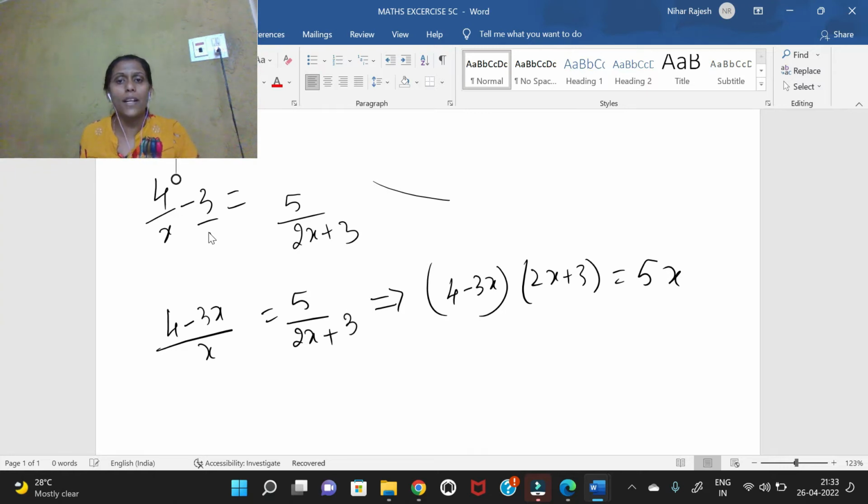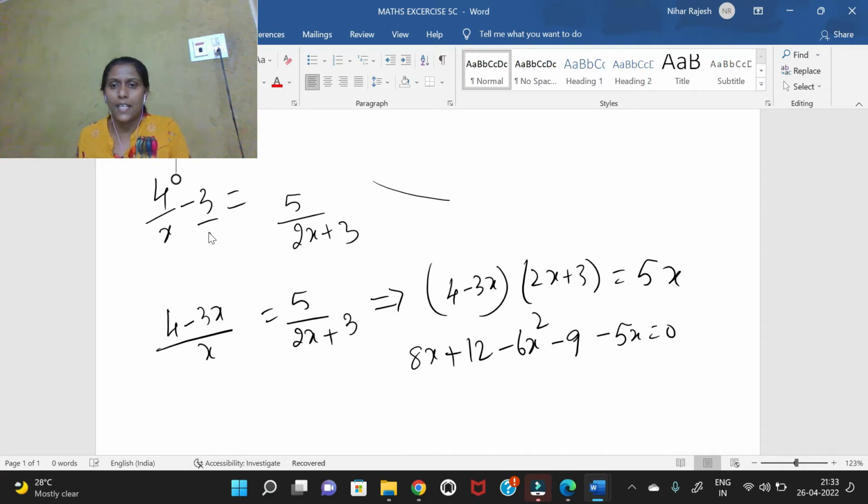Now let's come out of the brackets by multiplication. So which is 8x plus 4 3s are 12 minus 6x square and minus 9x, and also take 5x to the left side, which becomes equal to 0.